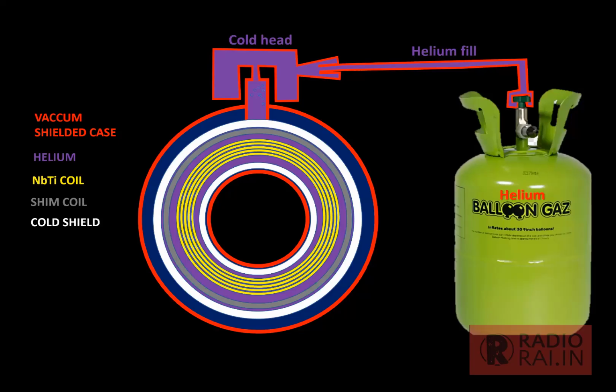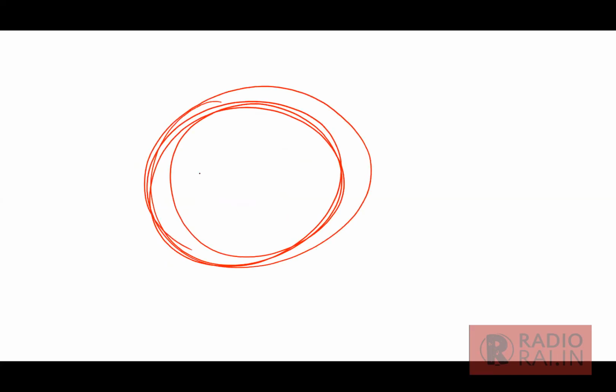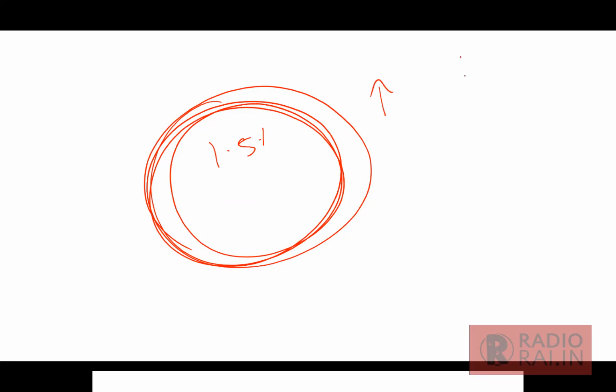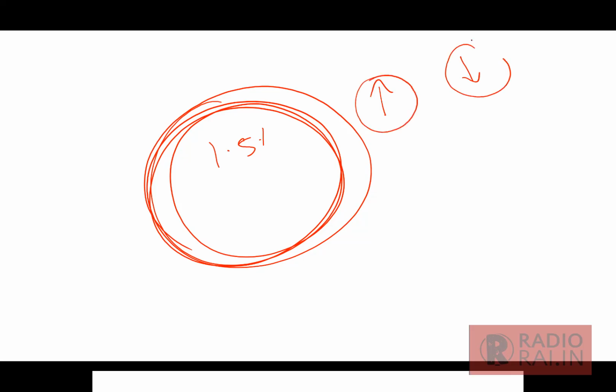But producing this magnetic field only with the superconducting coil is very difficult. The superconducting coil will produce a magnetic field almost equal to 1.5 Tesla, but some areas will have higher magnetic field and some areas lower. How will I bring the areas with higher field down and the areas with lower field up?